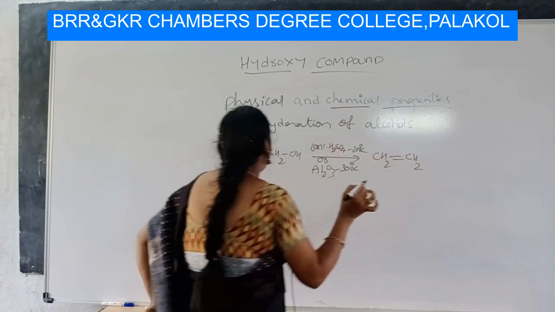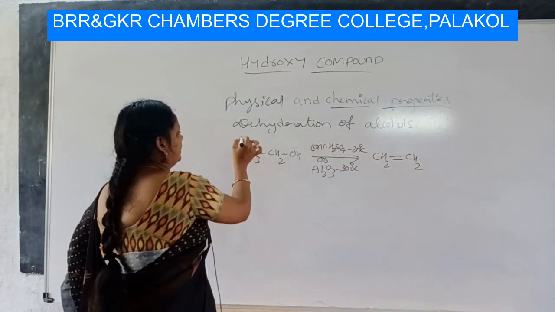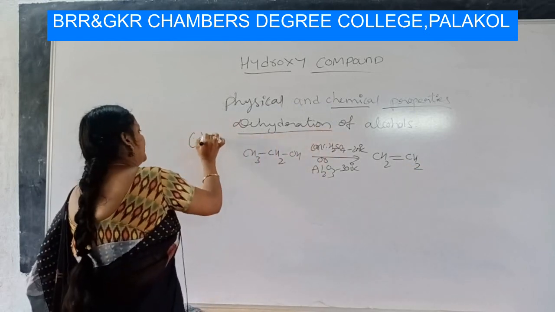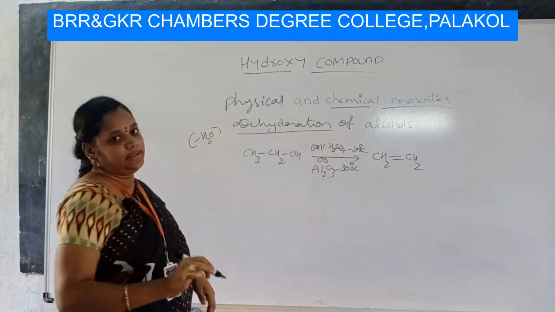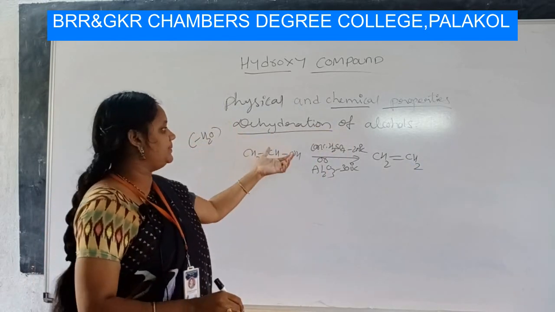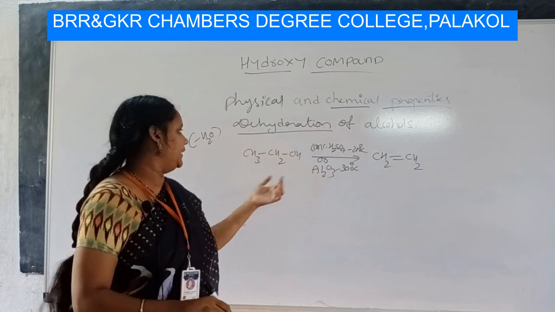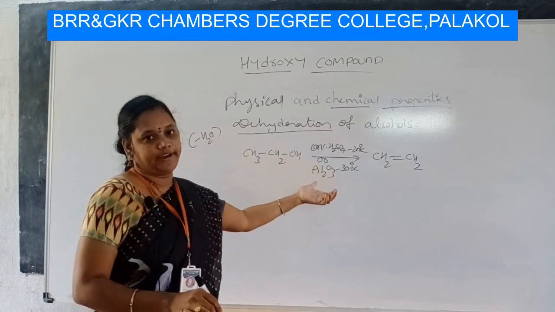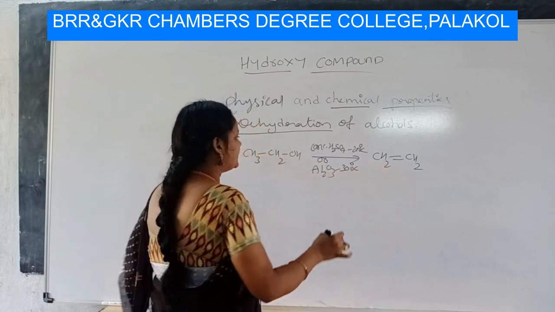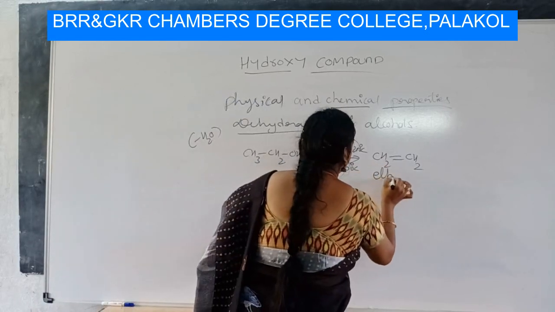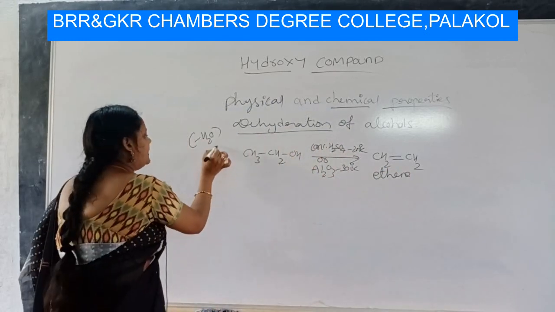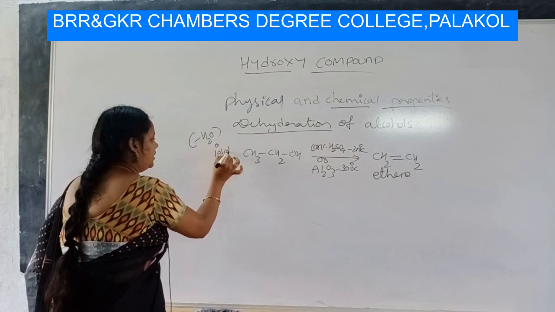Dehydration: the word itself says removal of water. Dehydration means we have to remove the water. So from CH3CH2OH, water has been removed and you get an alkene. In this case you got ethene. This is about primary alcohol.